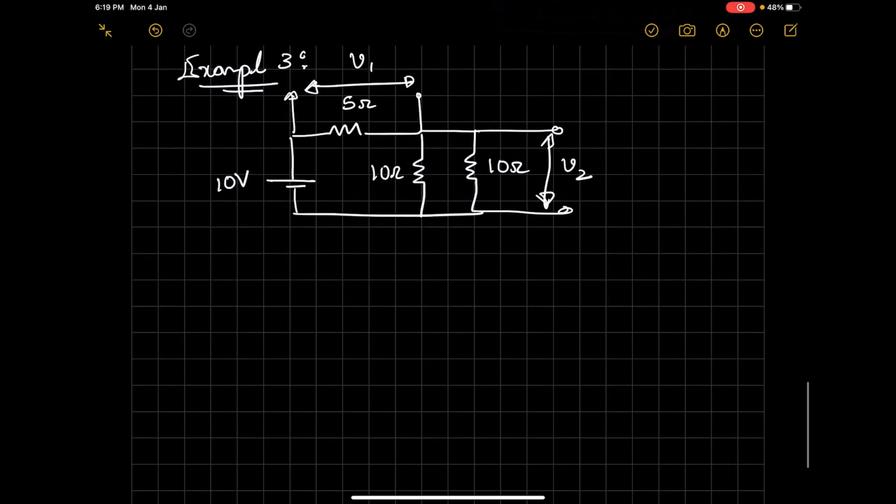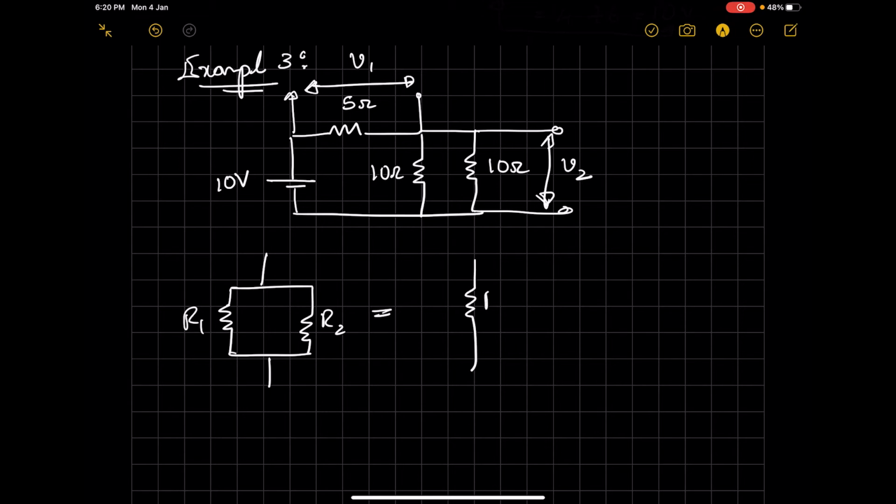And if you have two resistances in parallel, of value R1 and R2, it can be replaced by a single resistance R in the network, whose value is given by R1 into R2 by R1 plus R2.